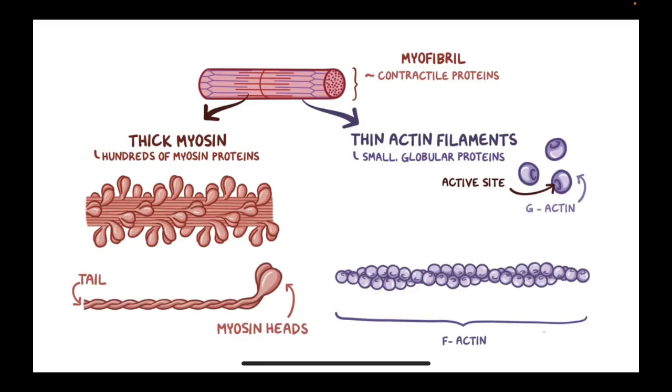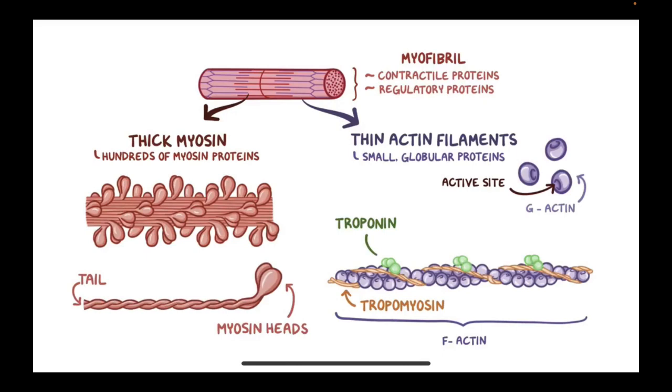This F-actin is in fact associated with other regulatory proteins that include troponin and tropomyosin. Tropomyosin is like a continuous filament, shown here in orange, present throughout the length of our actin.